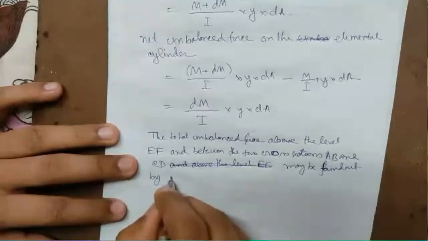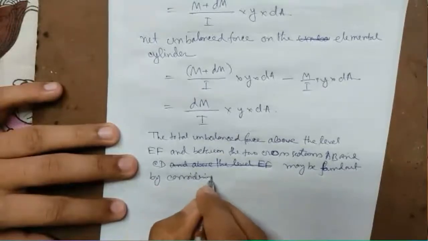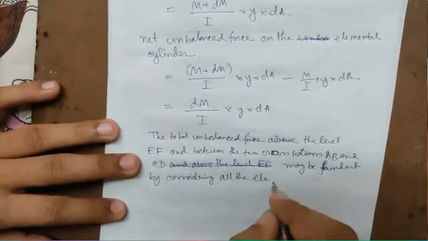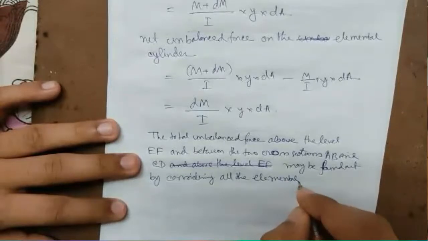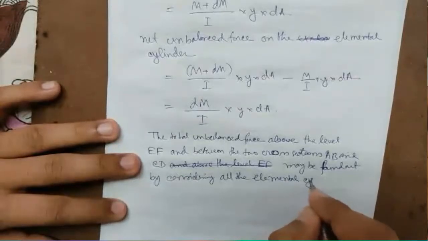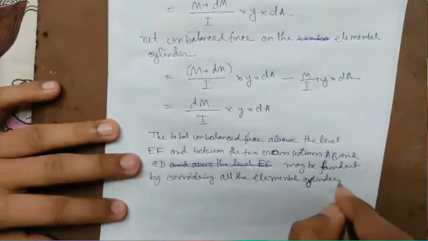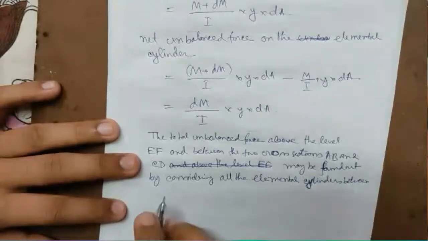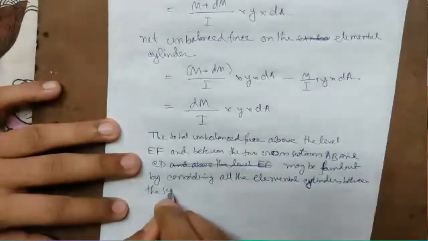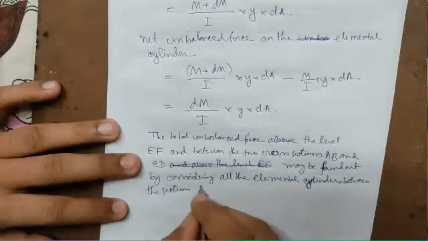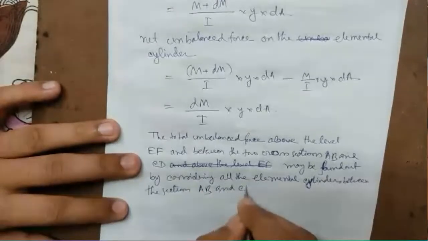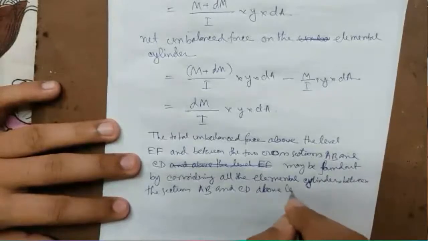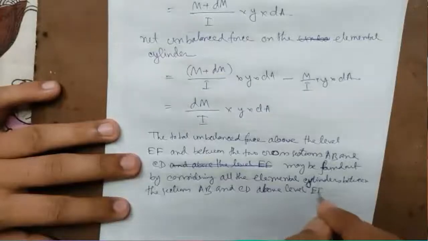This may be found by considering all the elemental cylinders between the sections AB and CD above level EF.